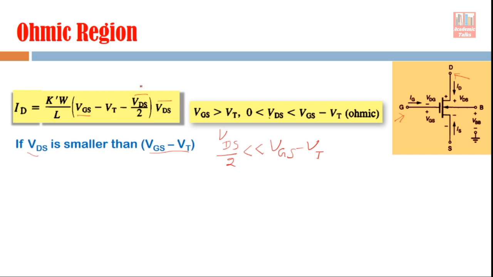It means this VDS by 2 in this equation is equivalent to 0 as compared to VGS minus VT. So since this part is equivalent to 0 as compared to VGS minus VT, this equation will be modified something like this. This term will go because it is almost 0. So we have VGS minus VT, and here VDS is also left. Now you can see this is the simplified equation of drain current in the ohmic region.